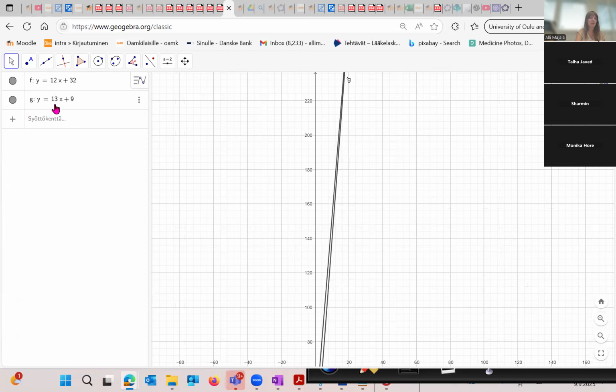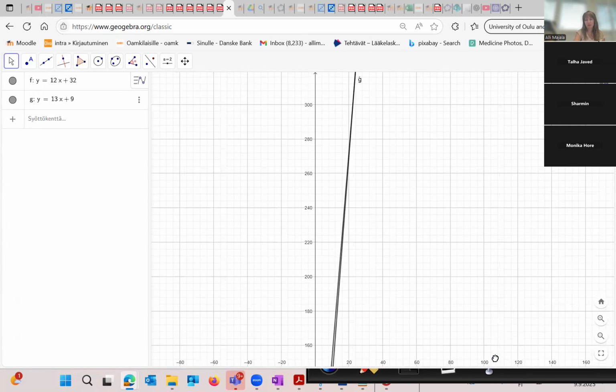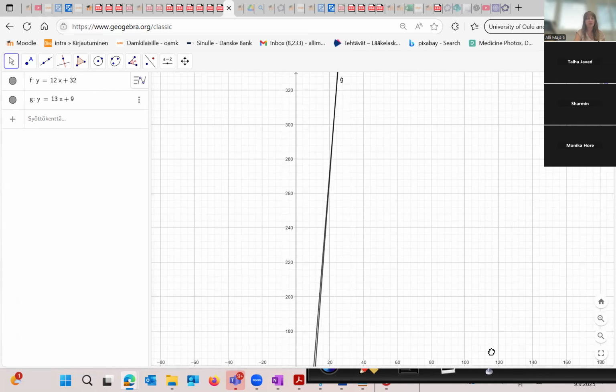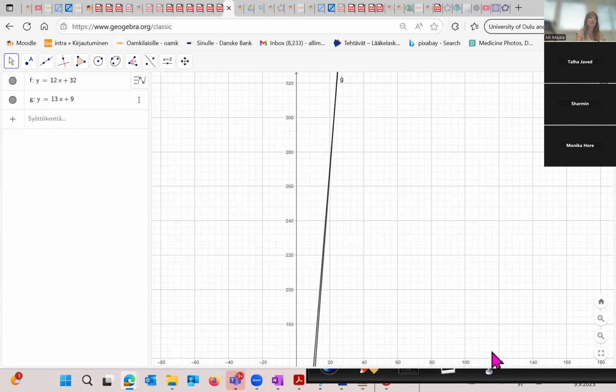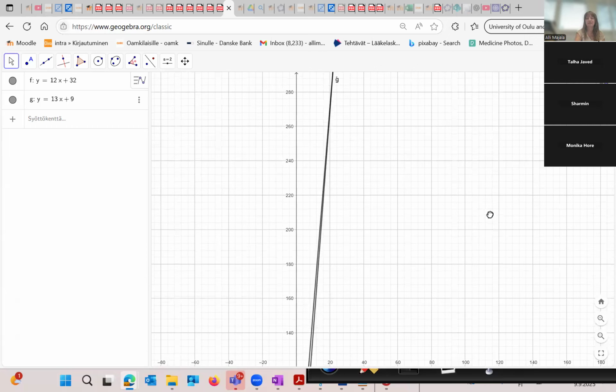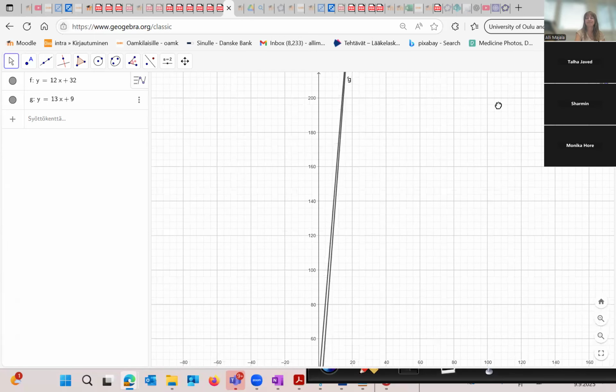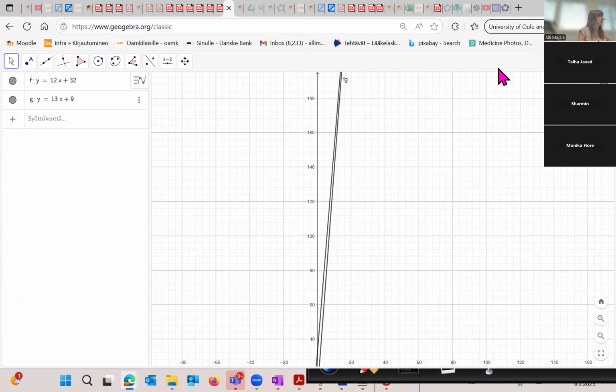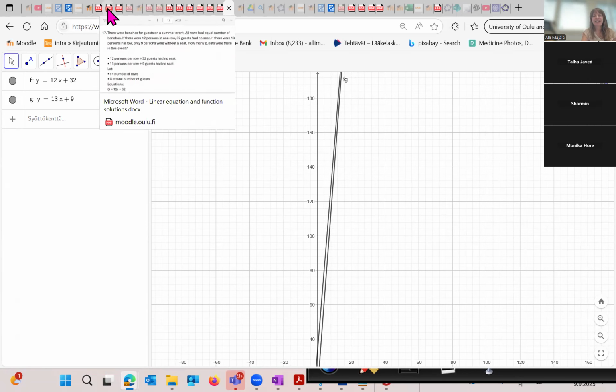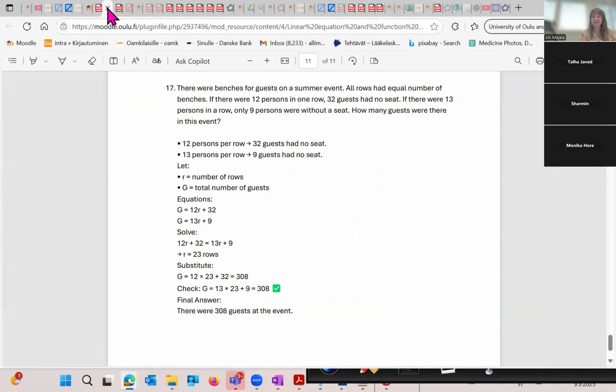And they cross somewhere, and the crossing point is the solution, but you can't really see it from here, can you? You just have to calculate it. Doesn't look great, but that was what I was aiming for. 308 would be the crossing point.